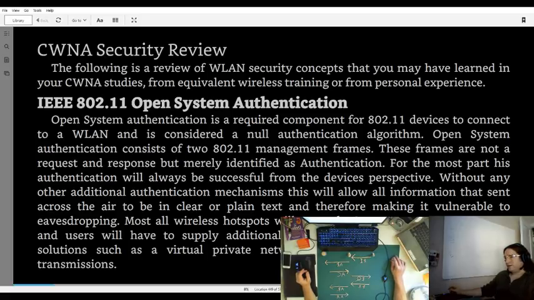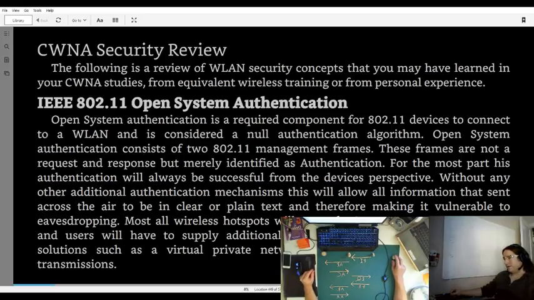Open System Authentication consists of two 802.11 management frames. These frames are not request and response, but merely identified as authentication. For the most part, this authentication will always be successful from the device's perspective, without any additional authentication mechanisms.